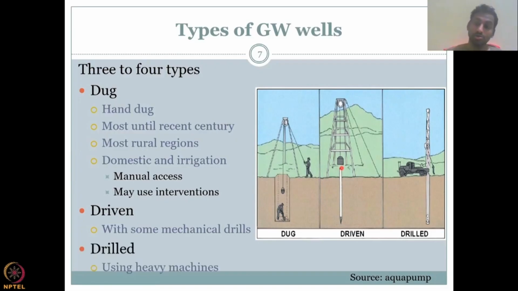In the drilled one, you use heavy machinery, especially the bore loggers, which come on trucks. Within a couple of minutes, they'll put down the tube and get water for you. Is it sustainable? Still a question.